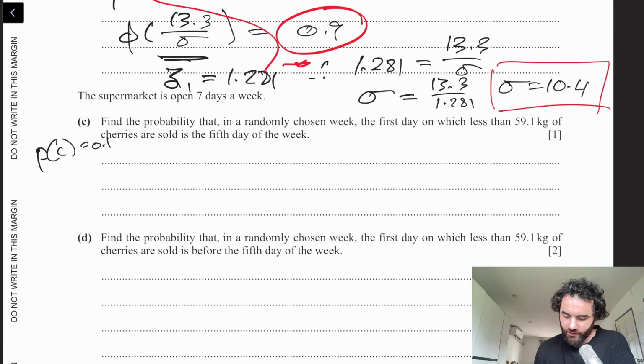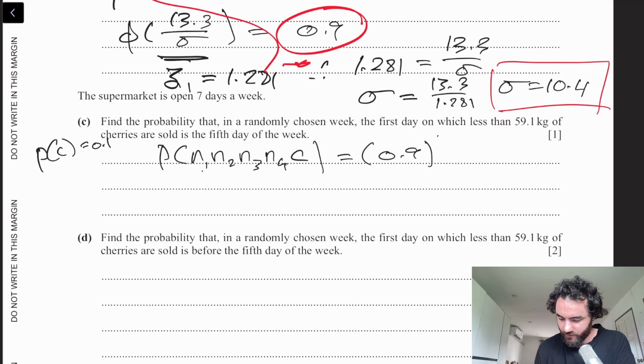So in any chosen week, the first day on which less than 59.1 of the cherries are sold occurs on the 5th day. So we have no cherries less than this on the first day, the second day, the third day, the 4th day, and then cherries less than this on the 5th day. These ones are just 1 minus that.